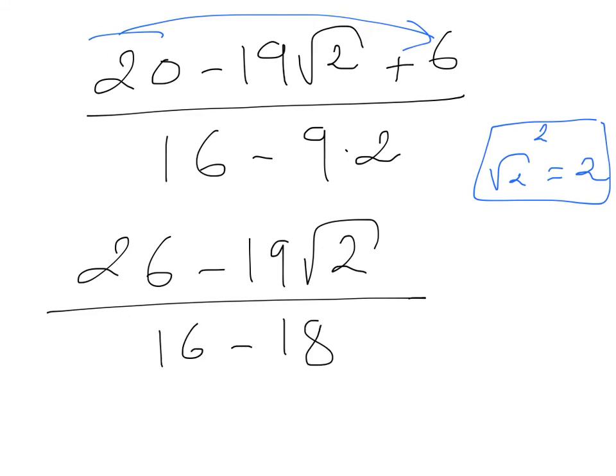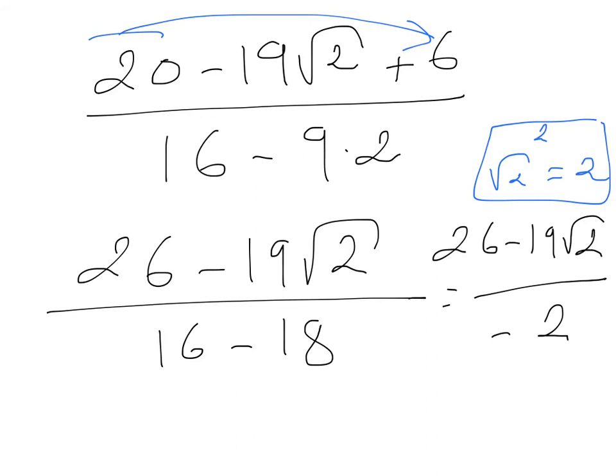Again, here we have subtraction and multiplication, so priority goes to multiplication. That's going to be 26 minus 19 square root of 2 over negative 2. We're just going to combine like terms.